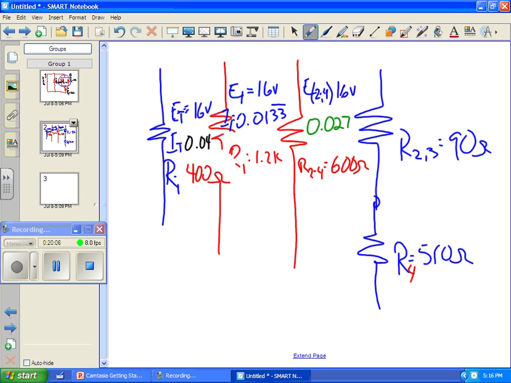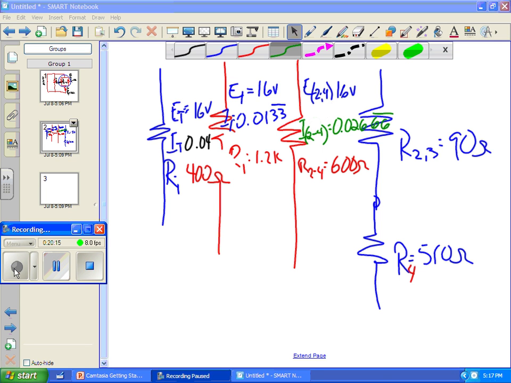Oh, I've made a mistake. Okay, hold on. We find that if we divide 16 volts by 600 ohms, we find 0.026666 or 26.66 milliamps. And that is our total for the 2, 3, and 4 branch.